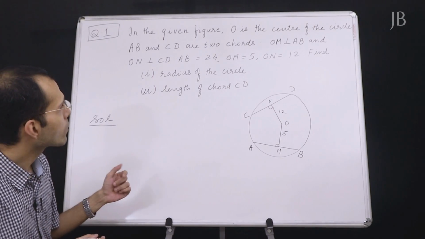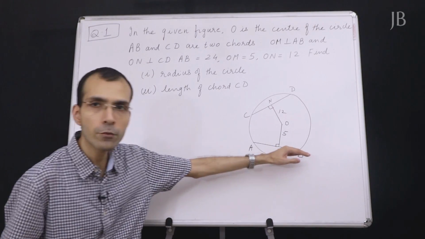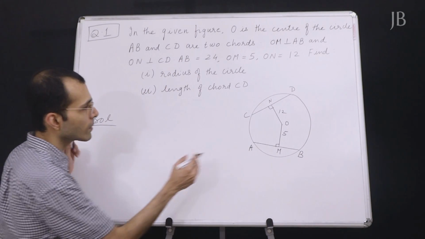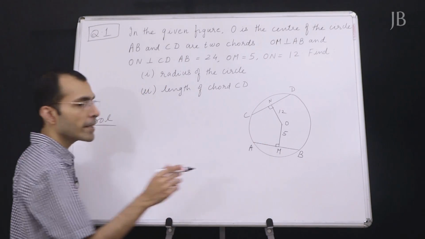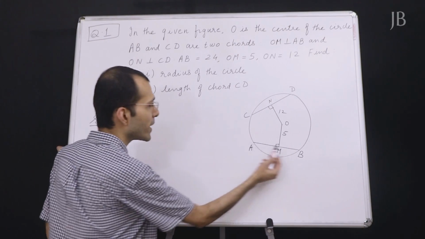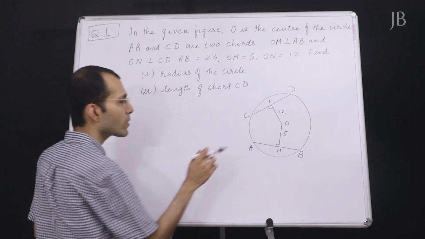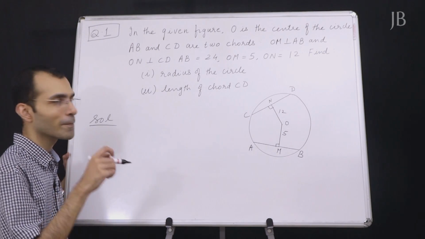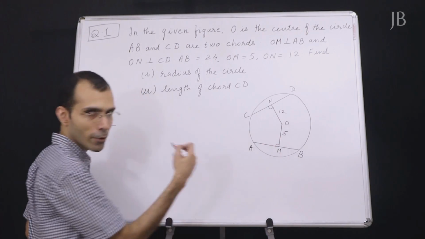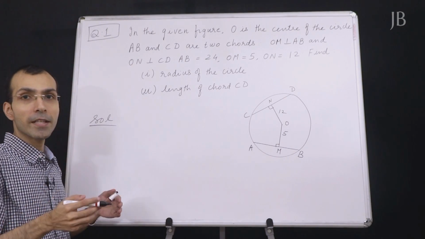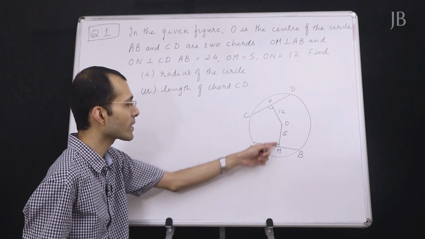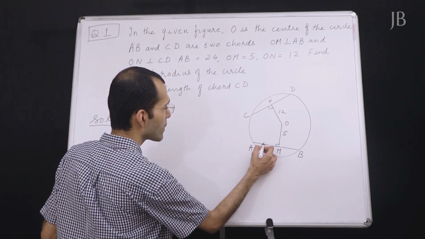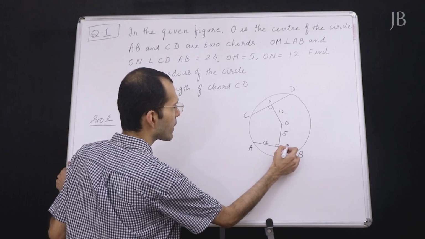Now let's see how do we go about it. AB is 24, it's given. Now see, OM is already perpendicular to AB. So which concept will come, the first one or the second one? The first one, because perpendicular is already drawn. So remember, perpendicular drawn from the center of the circle bisects the chord. So this will be 12 and 12.